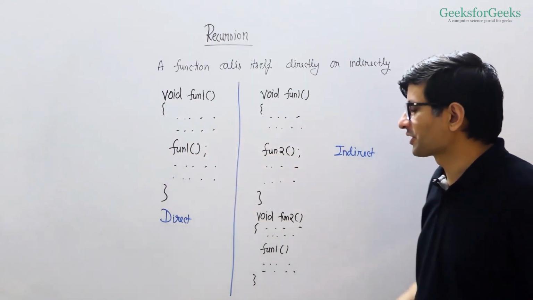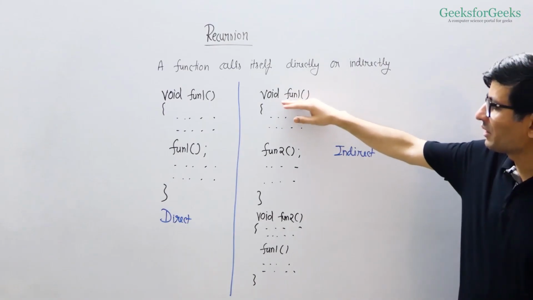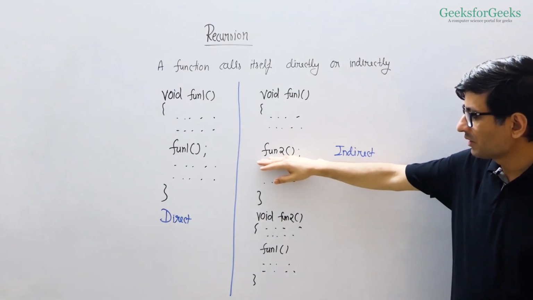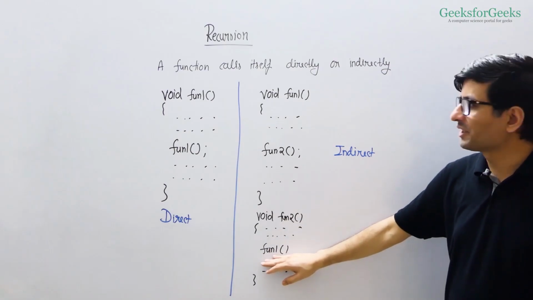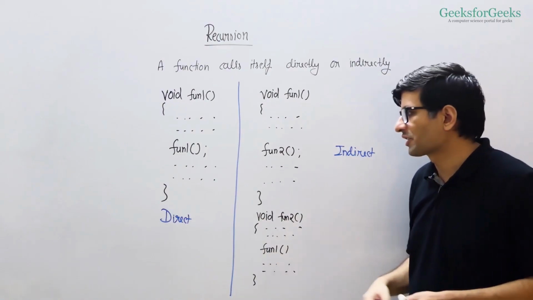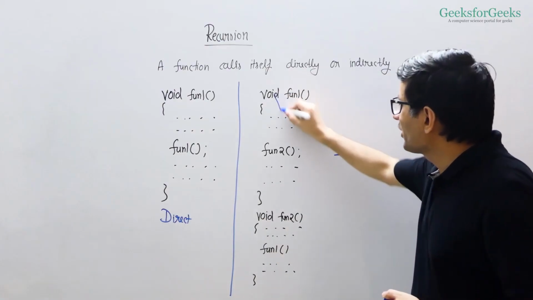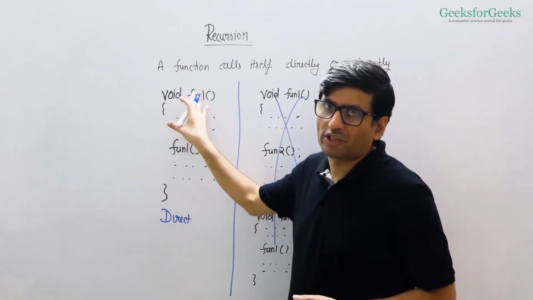This is direct recursion. Indirect recursion is when a function fun1 calls a function fun2, and fun2 calls fun1 again. So fun1 is indirectly calling fun1. This is not very common, and we are going to mainly focus on direct recursion.